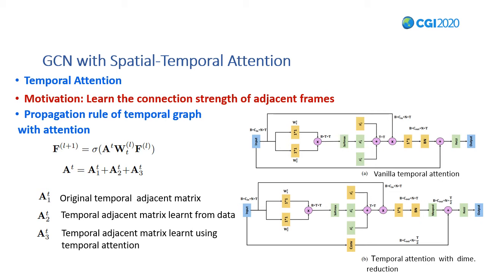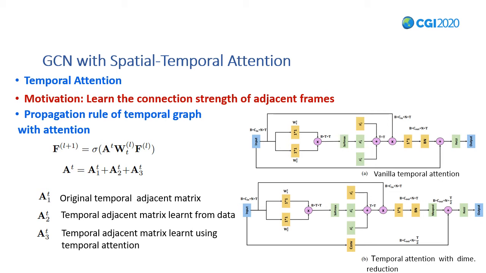Motivated by this spatial attention module, we extended it to the temporal dimension. Similarly, 3 matrices AT1, AT2, and AT3 were used to compute the temporal adjacent matrices. The figure illustrates 2 proposed temporal graph attention modules. Figure A shows the vanilla temporal attention layer, and Figure B shows the temporal attention layer with dimension reduction in time dimension.